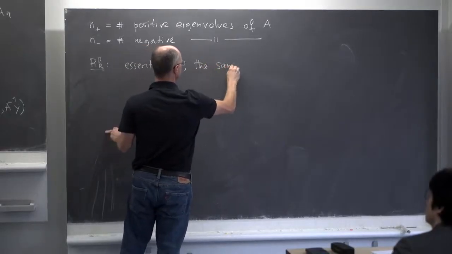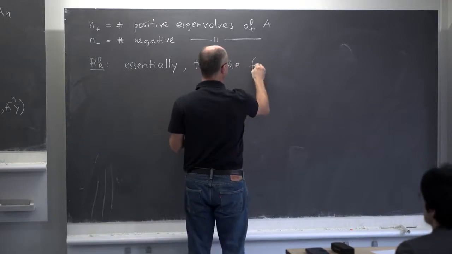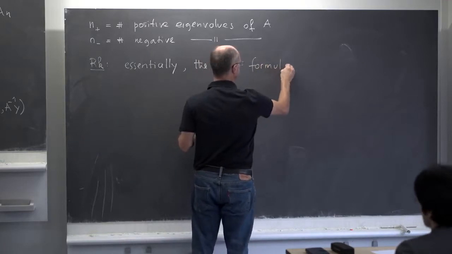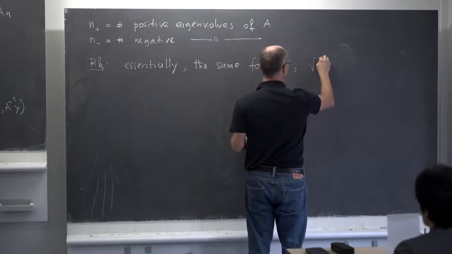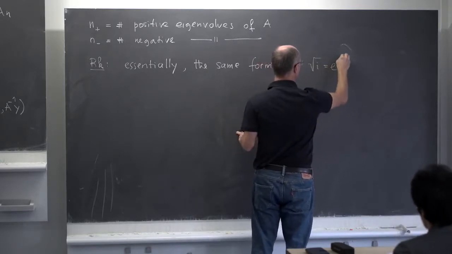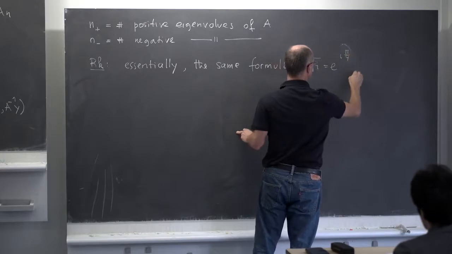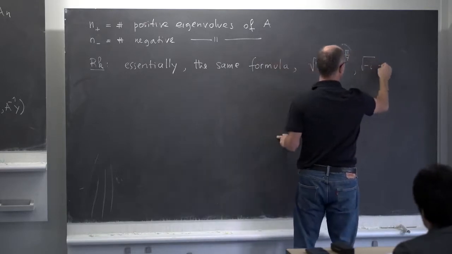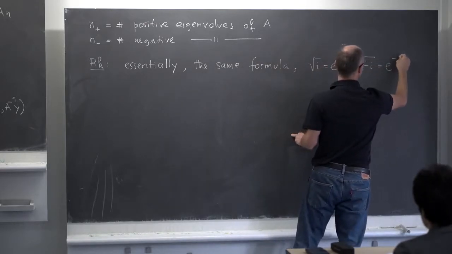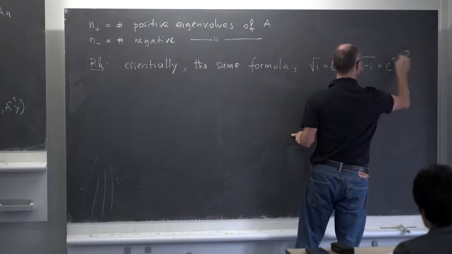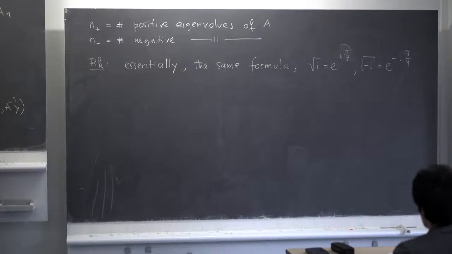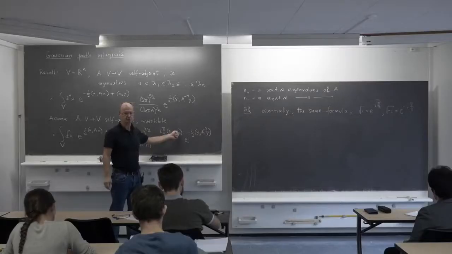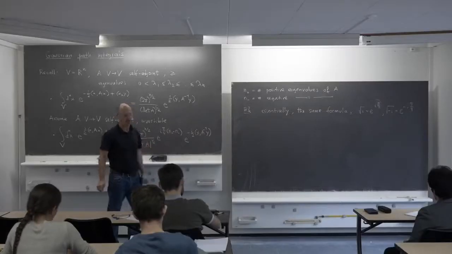So it's essentially the same algebraic formula. And you have a convention that the square roots of i and minus i have positive real part. So these are essentially the square roots of i and minus i that you are counting here.